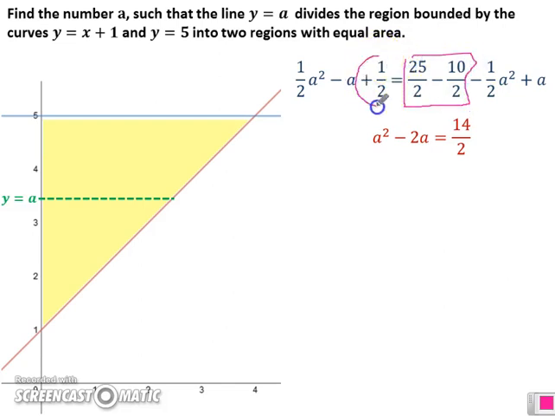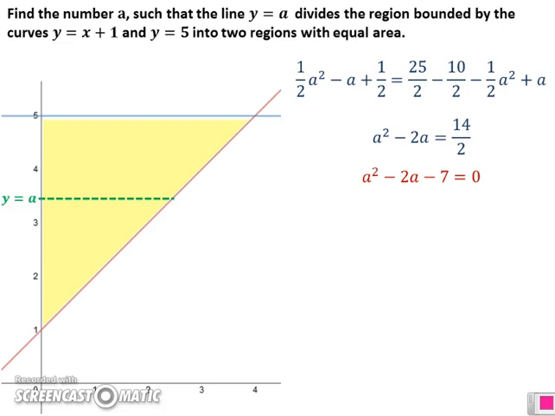And then I brought this 1/2 over by subtracting, and it created a 14 over 2. I also moved some stuff over here. This negative 1/2 a squared came to this side, added it. 1/2 and 1/2 makes 1. And then this positive a also came over here, negative, so now there's negative 2 a's on the left. Simplify this. Equals 7 over here, set it equal to 0.